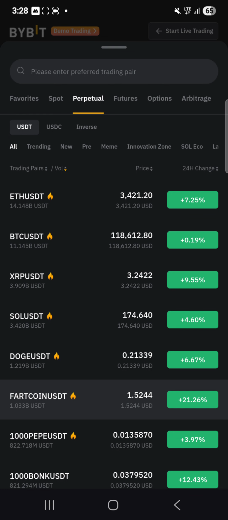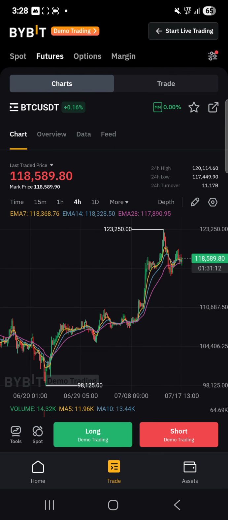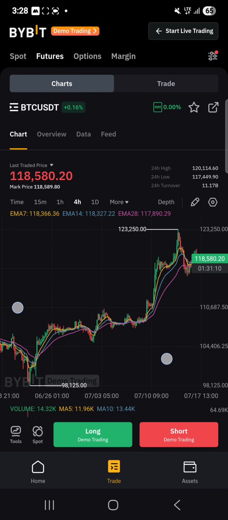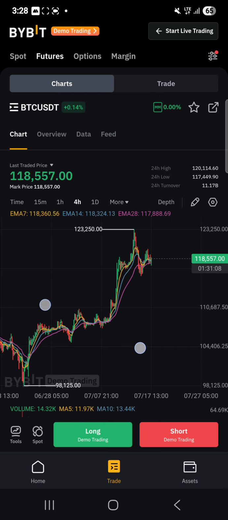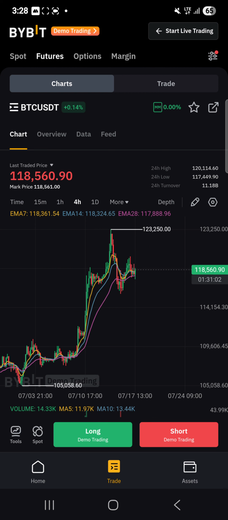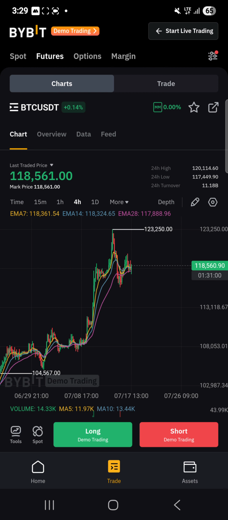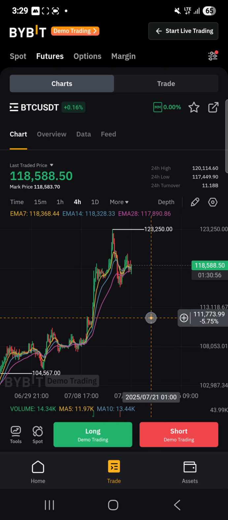So I would love to use BTC for these practicals. So BTC is currently at 118543. So I can decide to short BTC, that is sell BTC, that it will come to 113, this particular place. So now my TP automatically becomes 113118.